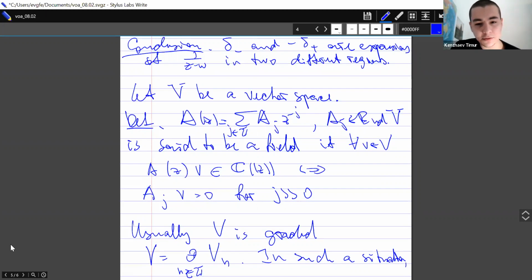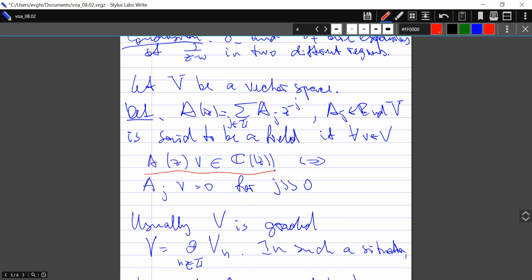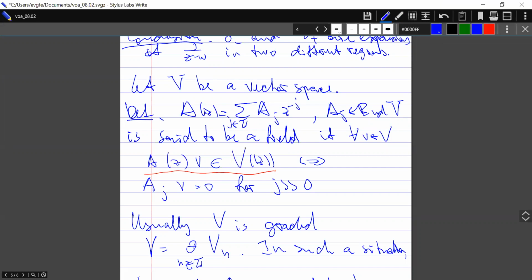Why much less than 0 if you have A_J Z to the minus J? First of all, I made a mistake and you did not correct me. If I apply A of Z to v, what do we get? Not an endomorphism, it should be V. Absolutely.